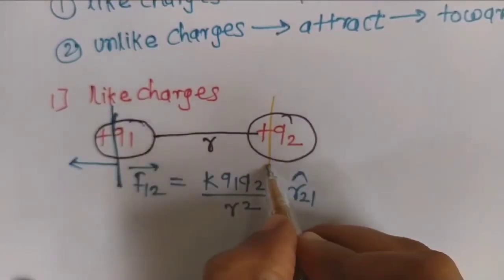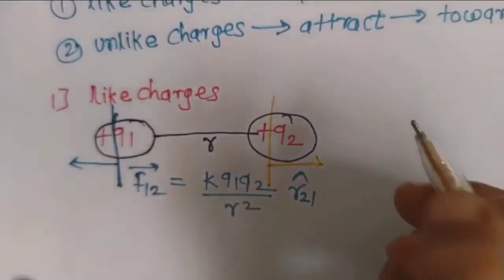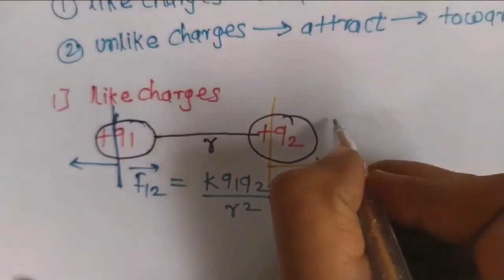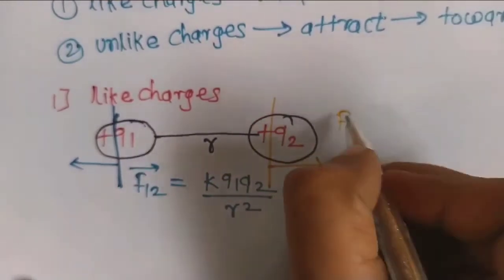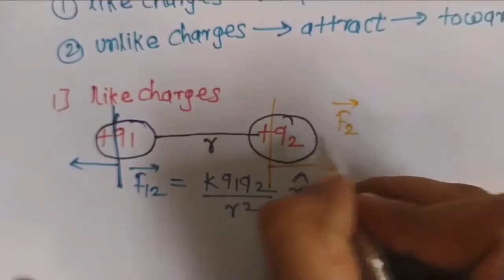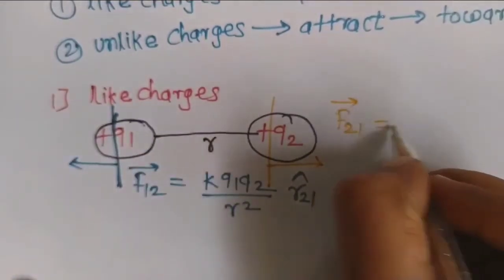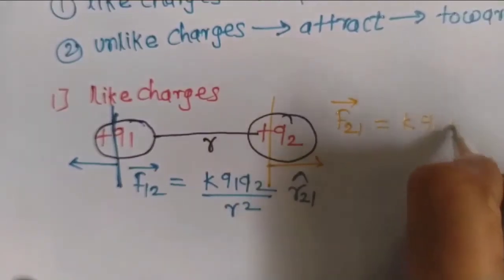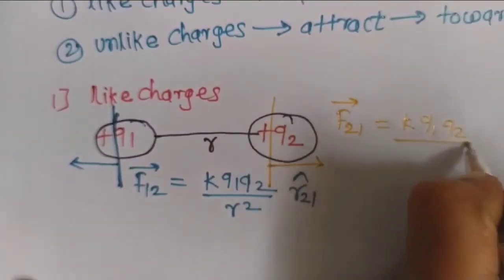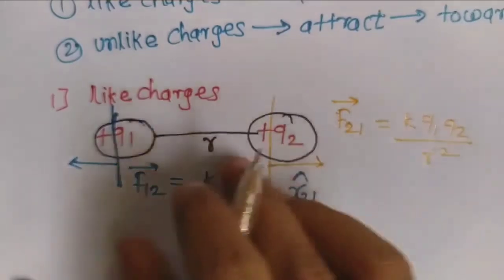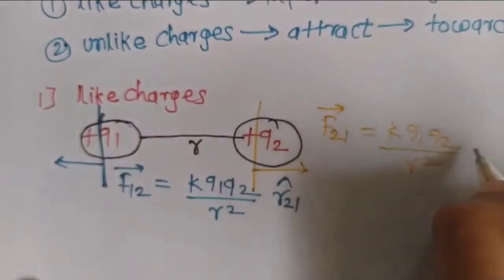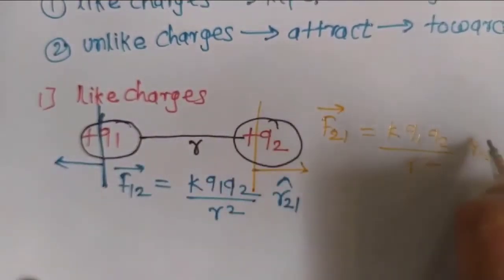Both charges are like, therefore they repel, and the direction is away from the charge Q1. The net force on charge Q2, F21, is equal to K Q1 Q2 upon r square, and the unit vector is r cap 12.